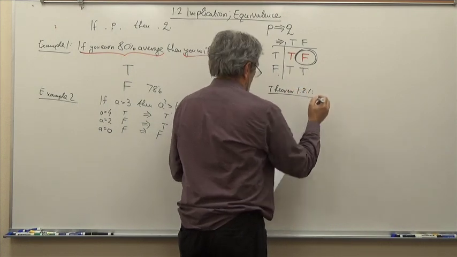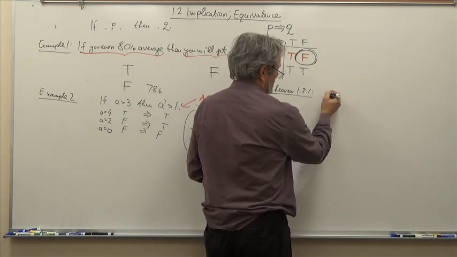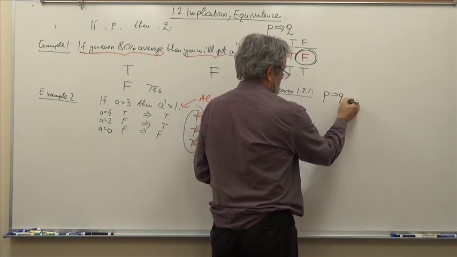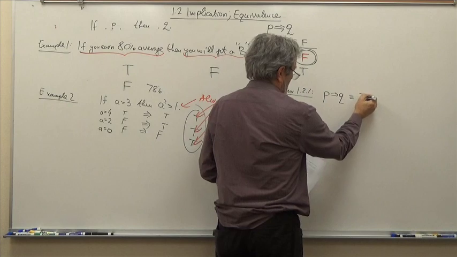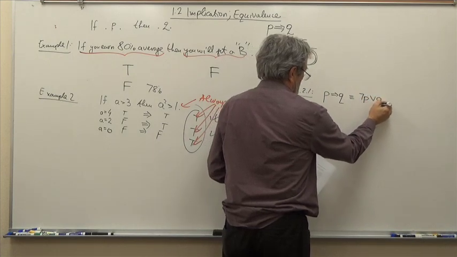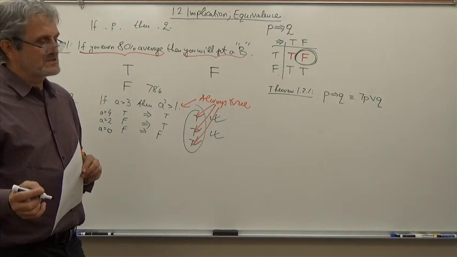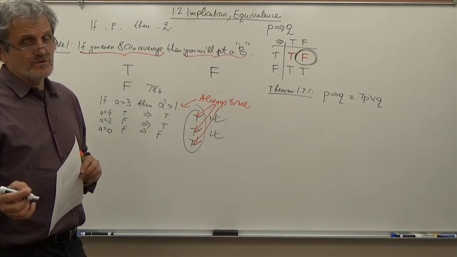Theorem 1.2.1: the following equivalences are always true. P implies Q is equivalent to not P or Q. Please not only recognize that this is true, but also memorize it for the future.